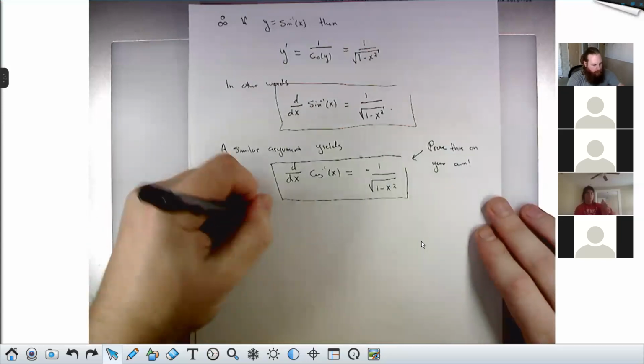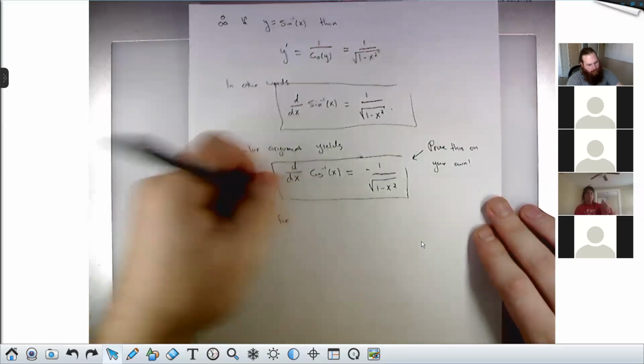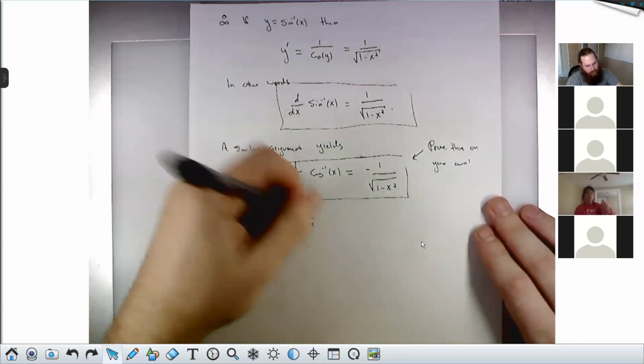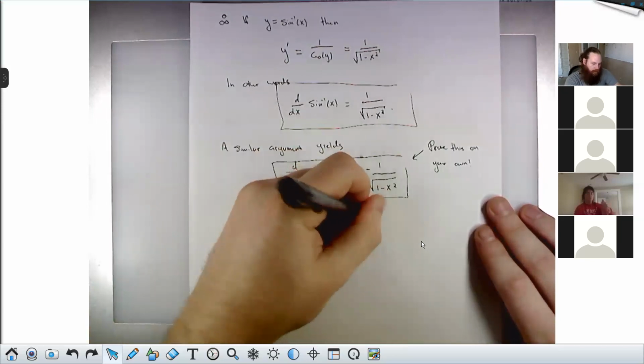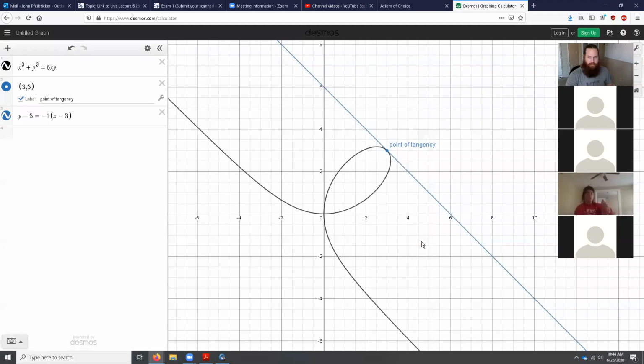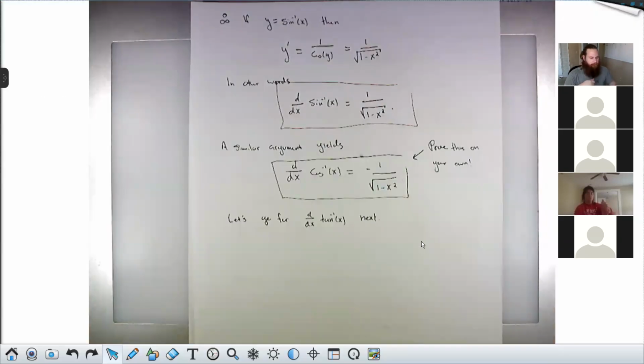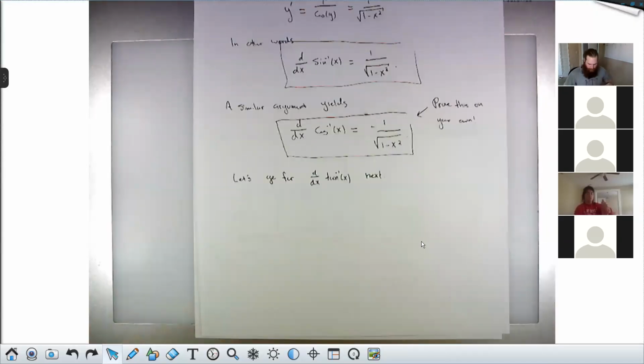So let's go for d dx of the inverse tangent function next. And this will be the last thing that we do today, besides maybe some examples if we have time.